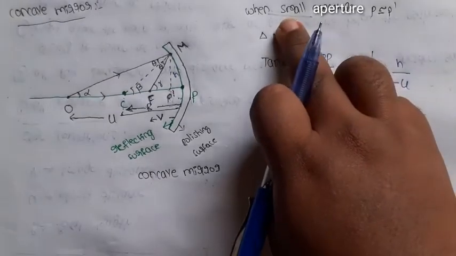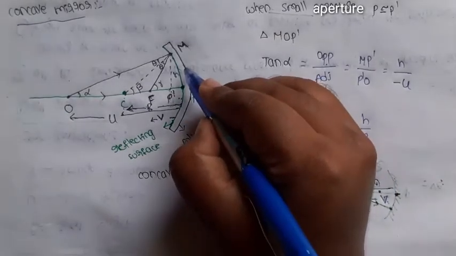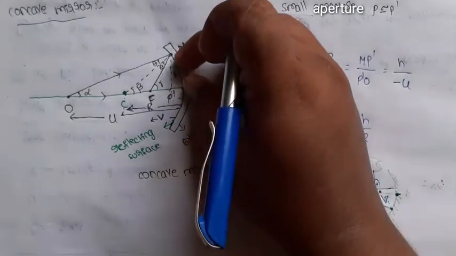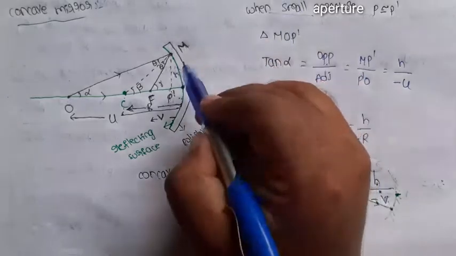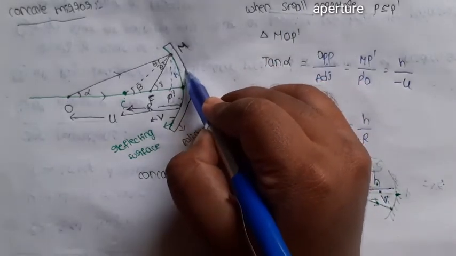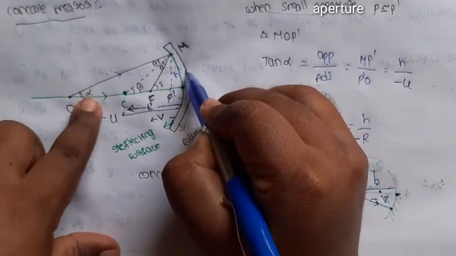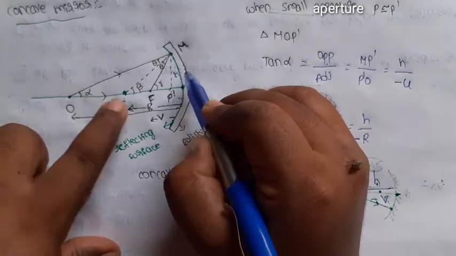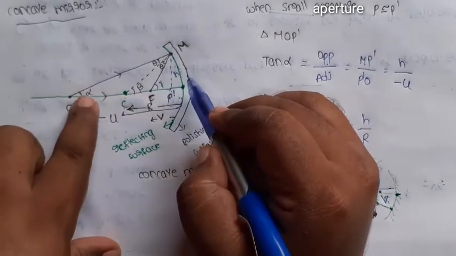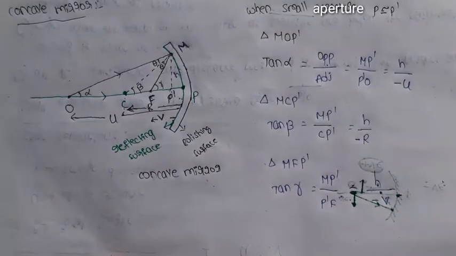Here we are taking a small aperture. Small aperture means the aperture value decreases, so I am taking the M value close to the pole. What happened? The alpha, beta and gamma values decrease.